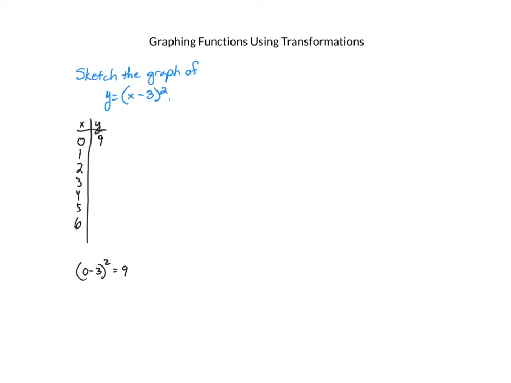Similarly, I would substitute in the other values. 1 would give us 4. 2 gives us 1. 3 would give us 0, 4 gives us 1, 5 gives us 4, and 6 would give us 9. So let's see what this looks like. 0, 1, 2, 3, 4, 5, 6, and I need to go up to 9.